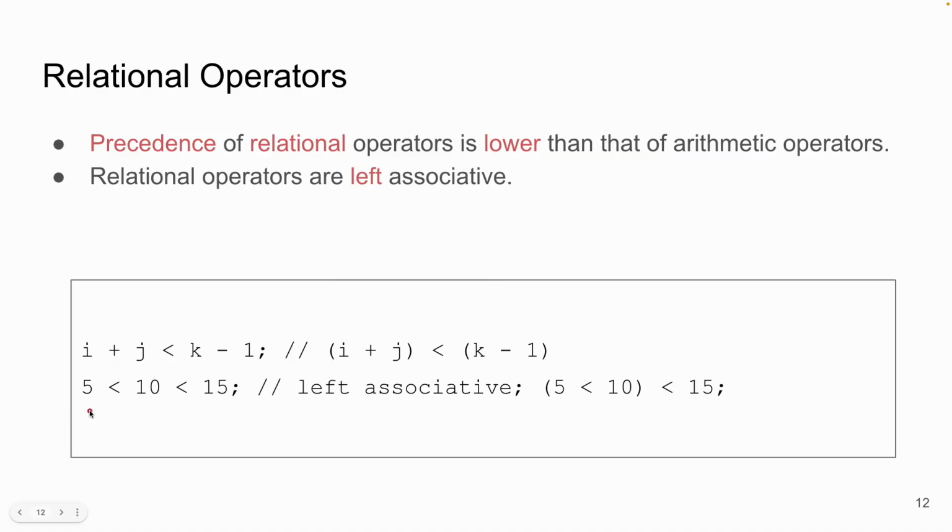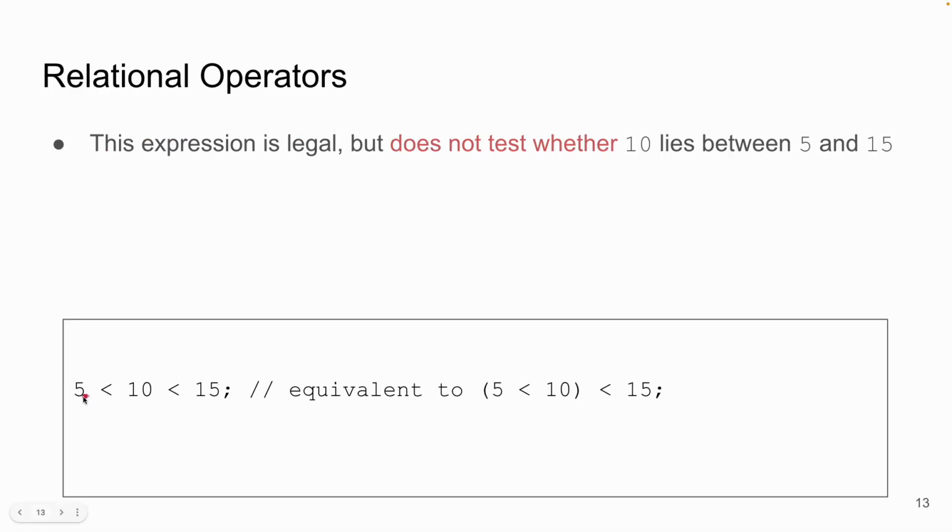However, maybe some of you might think that this second statement looks a bit strange. Why is it strange? Let's check out the second statement more carefully. Although it is a legal statement if you write it in C, it might not do what you want it to do.